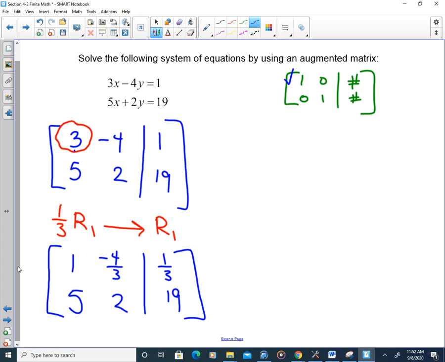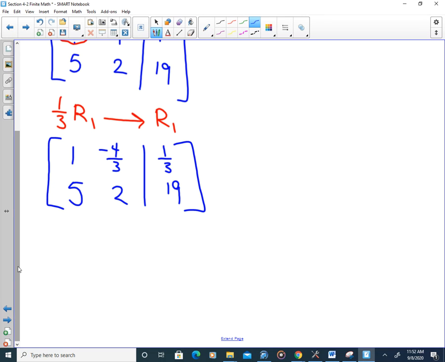So now I want to try to get a 0 on this spot. So let's use that 1 that we have. So let's multiply row 1 times -5. So let's take -5 times row 1 and then add that to row 2 and replace row 2.